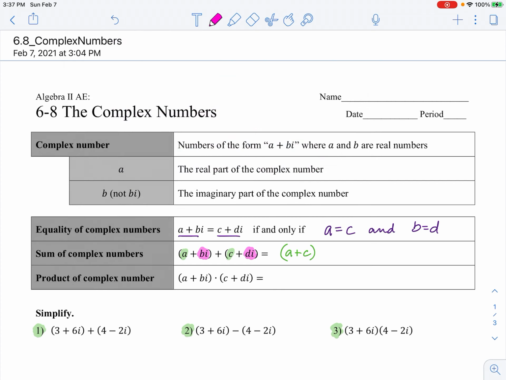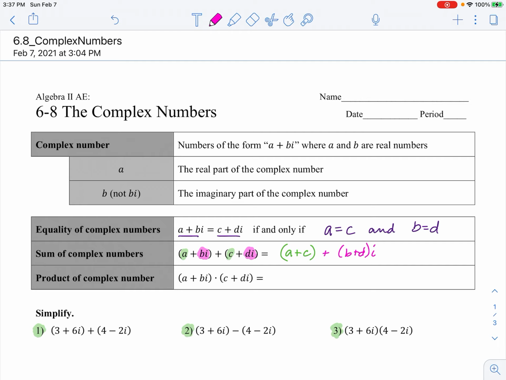How many i's do I have? Well, I have b plus d of them. This way, we now can just combine. We can add, we can subtract, we can compare complex numbers. And so there's a whole bunch of stuff that we can do.